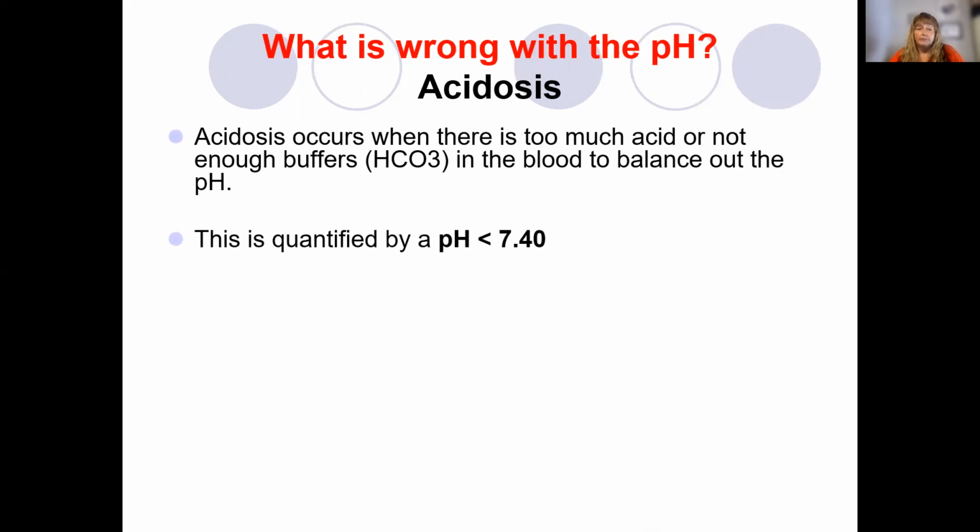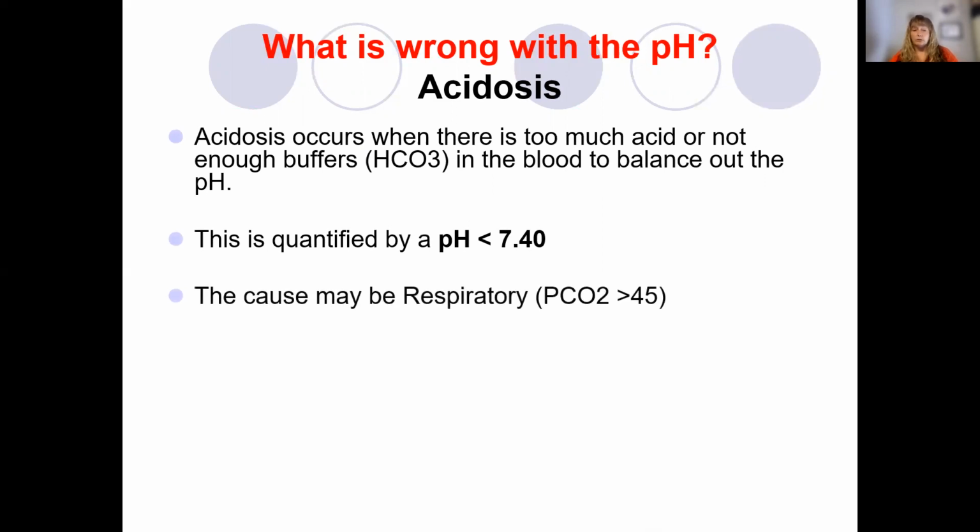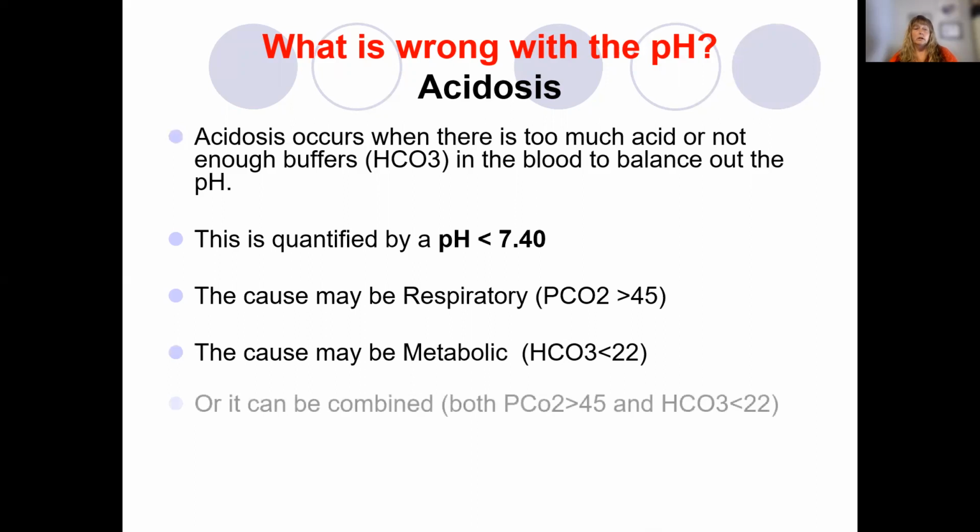Acidosis is quantified by a pH of less than 7.40. The cause of this may be respiratory if the PCO2 is high, or it could be metabolic if the bicarbonate is low, or it can be combined if both the CO2 is high and the bicarbonate is low.